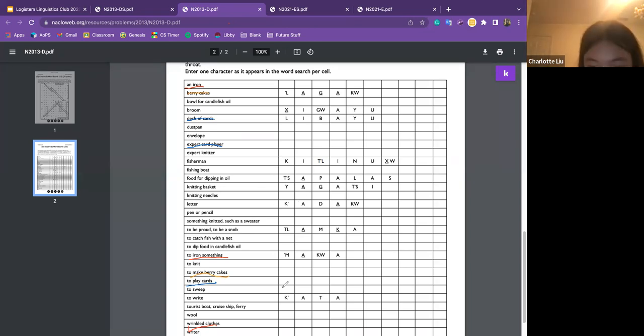Another thing related to writing here, writer. It's not working. That's an A. And then here, pen or pencil, it's also related.